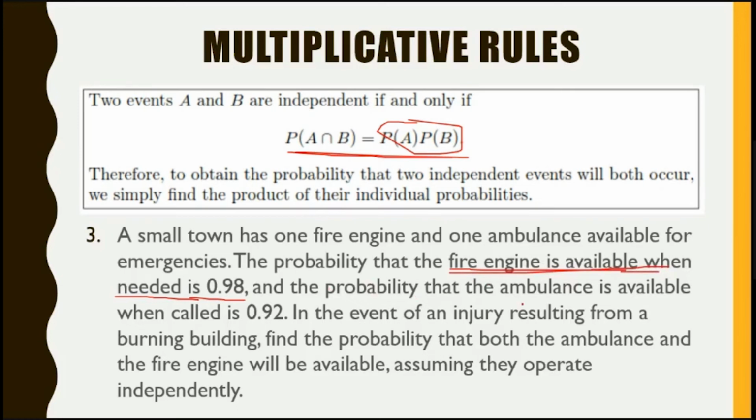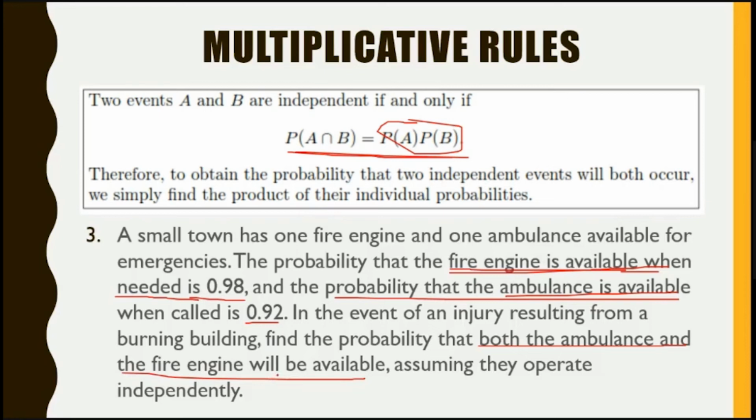And the probability that the ambulance is available when called is 0.92. So our second event is that the ambulance is available when called, and its probability is 0.92. In the event of an injury resulting from a burning building, find the probability that both the ambulance and fire engine will be available.